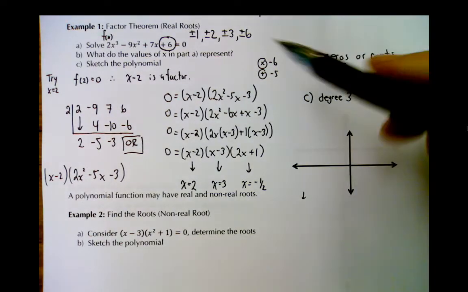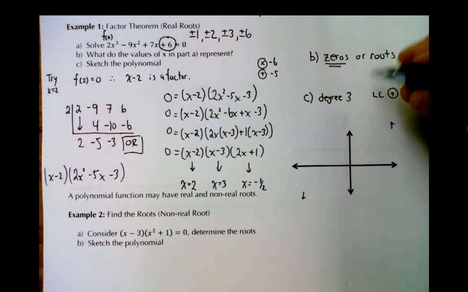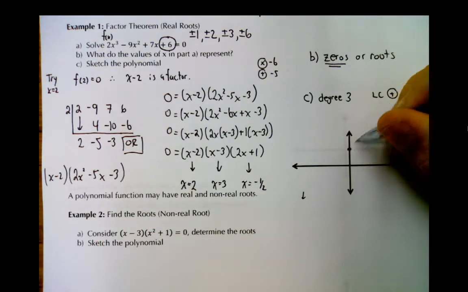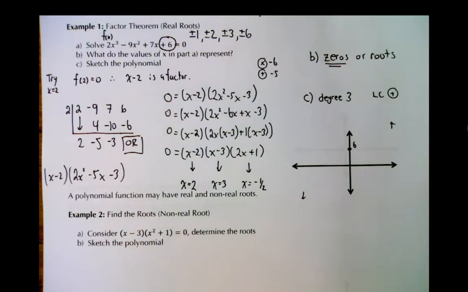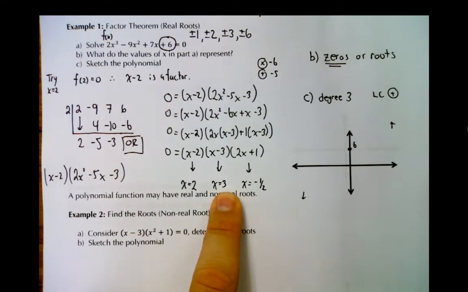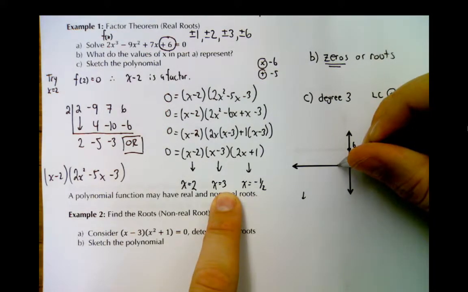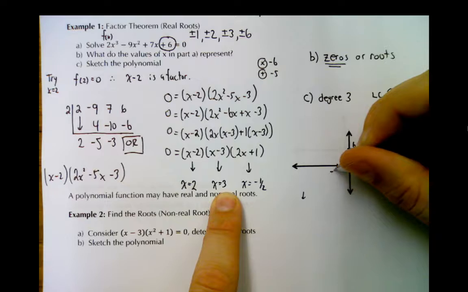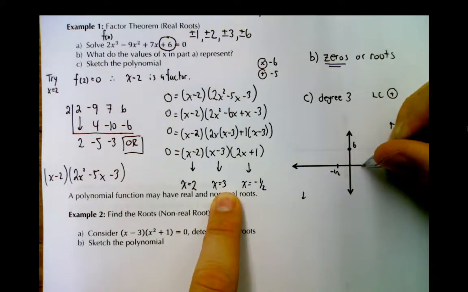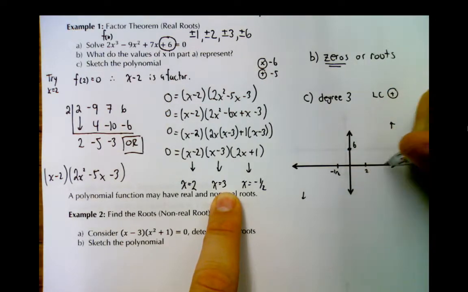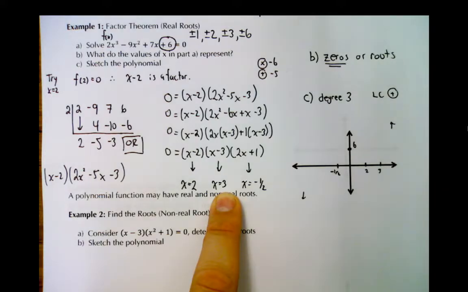We know the y-intercept is 6. And we know 3 x-intercepts. The zeros also represent your x-intercepts. So we have negative 1/2, 2, and 3.